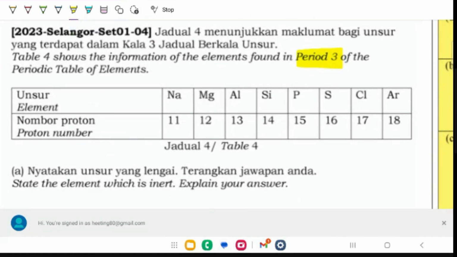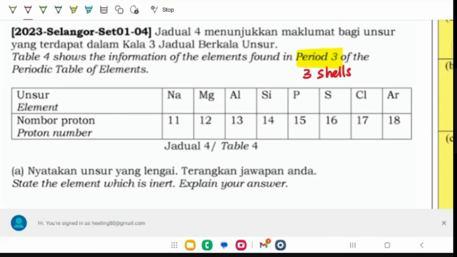How many shells do they have? Period 3, 3 shells occupied with electrons. But the atomic size, getting bigger or smaller, class? Smaller.